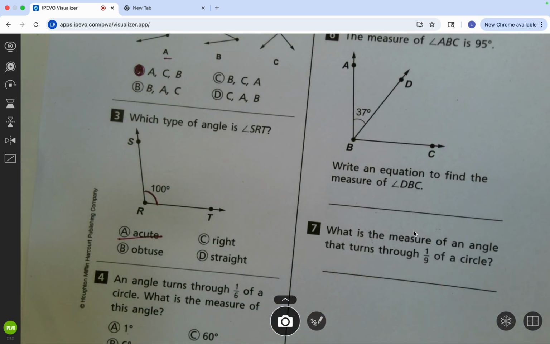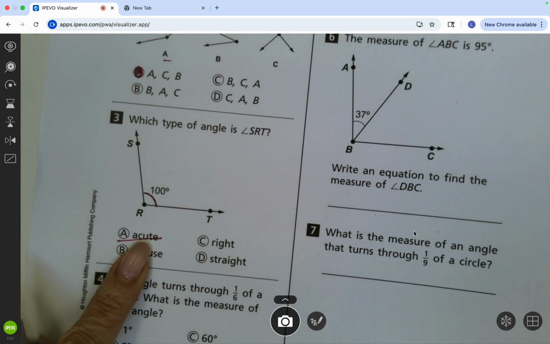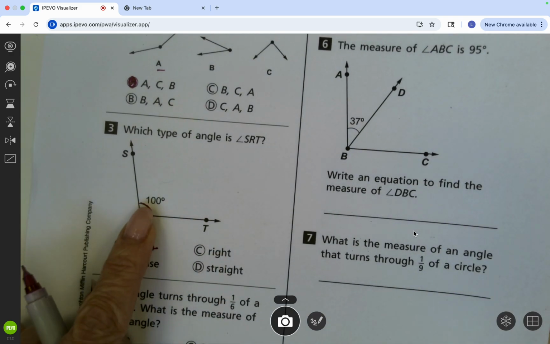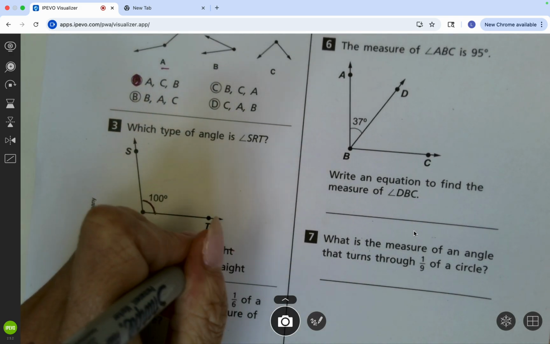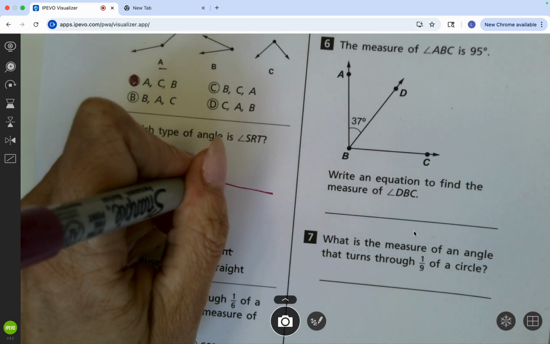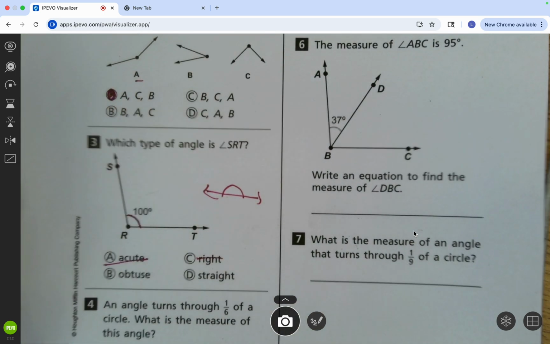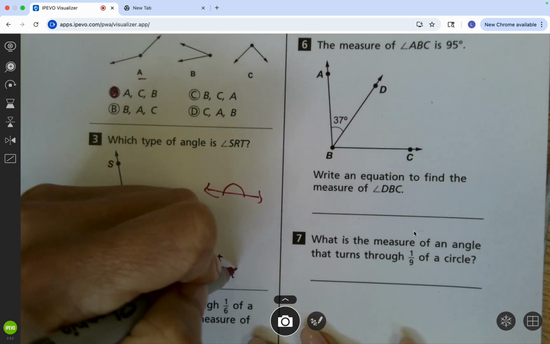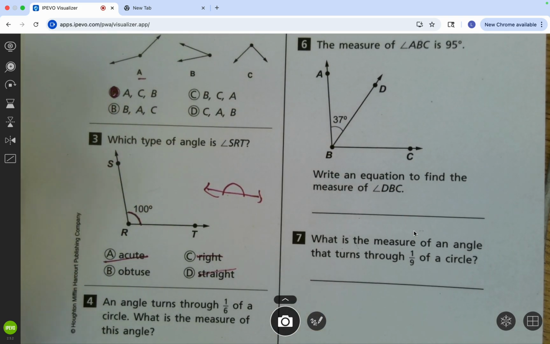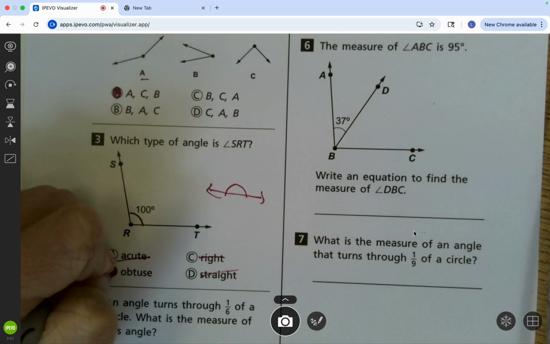Remember we said, oh, look how acute it is. It's smaller than 90. A right angle is 90 degrees. This is 100 degrees. A straight angle is a straight line that measures 180 degrees, right? Half of a circle. It's obtuse. It's got a big caboose. Here we go.